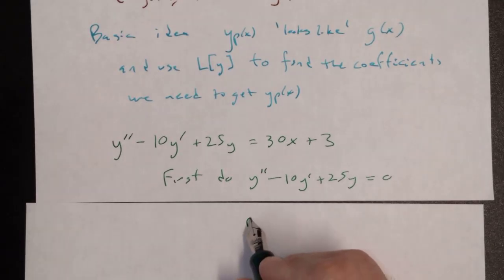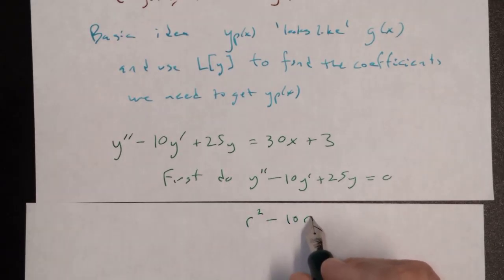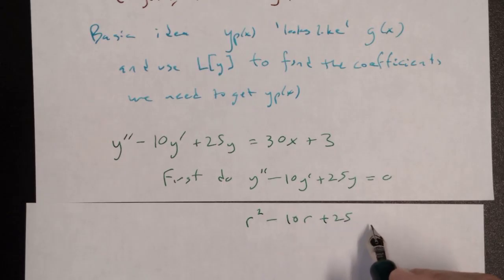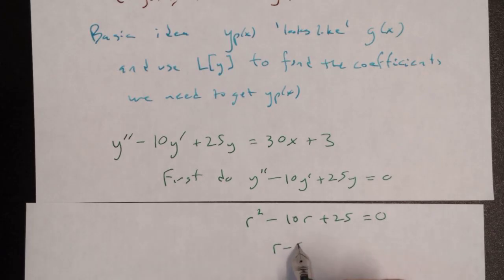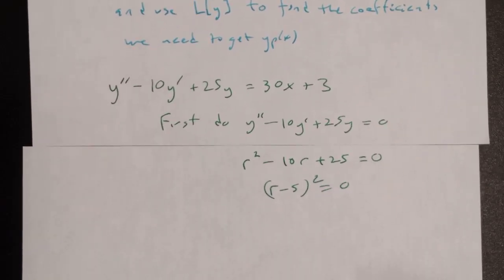This equation becomes r squared minus 10r plus 25r to the 0 equals 0. It's quadratic. Solve the quadratic. Oh, yeah. I could, but I'm going to cheat.